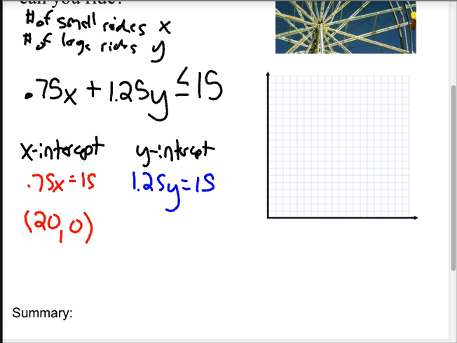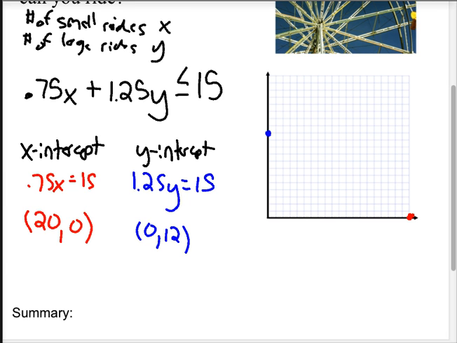All right, so let's plot that out. That would end up way here at the end. For the y, when you divide that out, you get 12, which would be that point right there. So again, when it's in standard form, sometimes the intercepts are a really powerful tool.